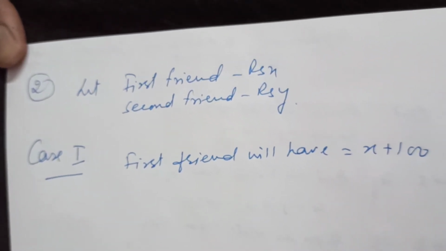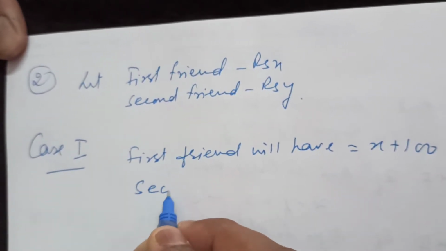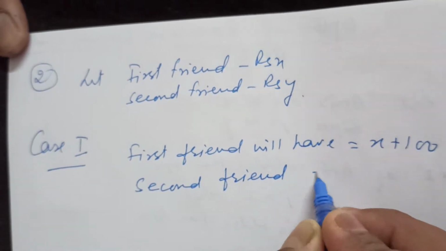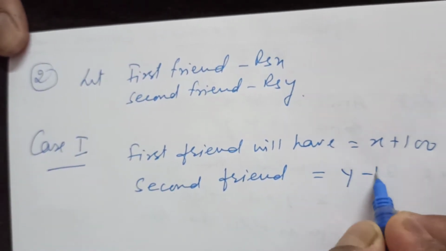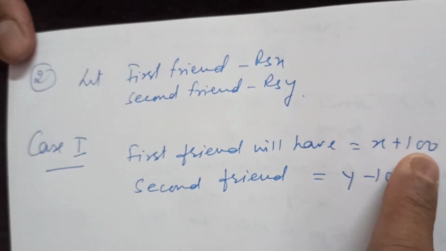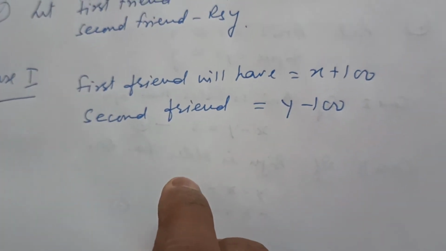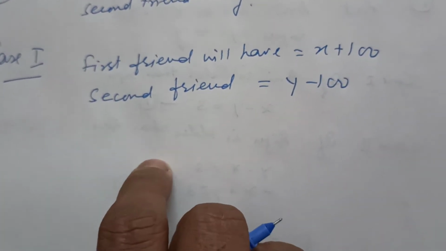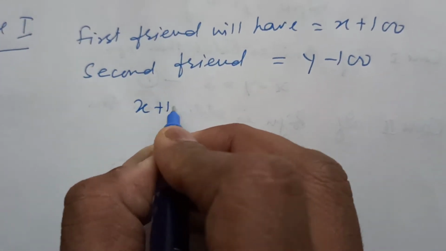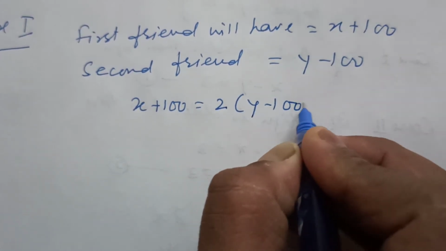Then what happens if he has got 100 rupees from the first friend? The second friend will be left with y minus 100, because he has given 100 rupees to first friend. If this is a condition, then according to the question it says, I shall then become twice as rich as you. That means x plus 100 will be twice of y minus 100.